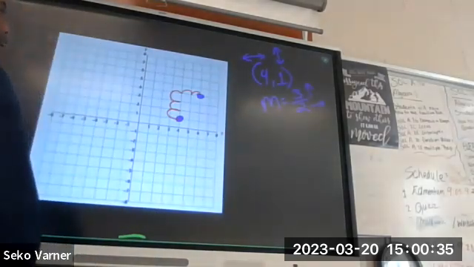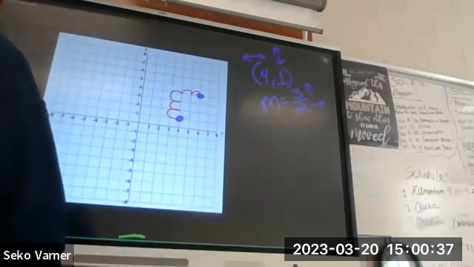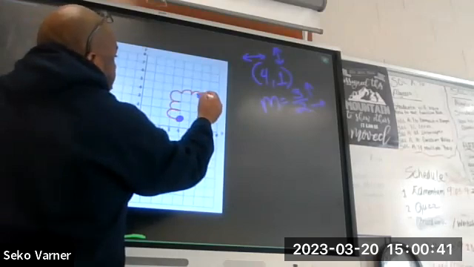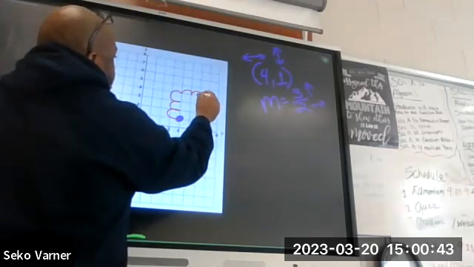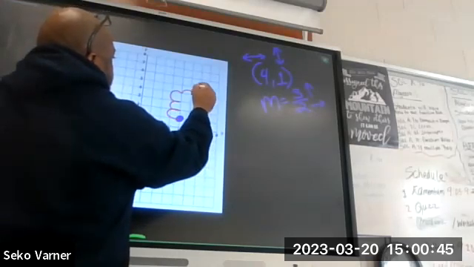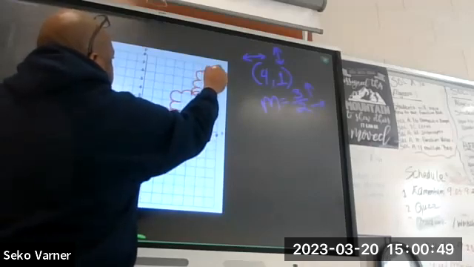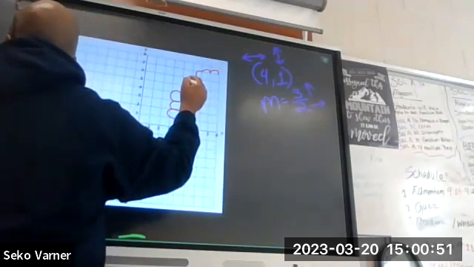All right, let's do it again. I want to go up how many? Up 3 times. 1, 2, 3. Over how many? 2 times. 1, 2.